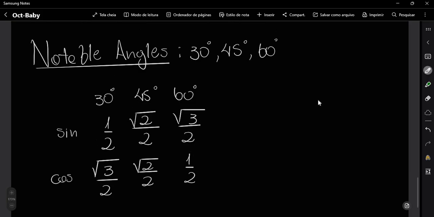And we got also tangent, but I will leave this out at this first moment.